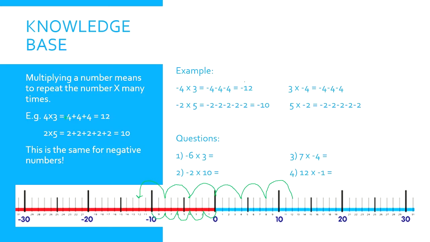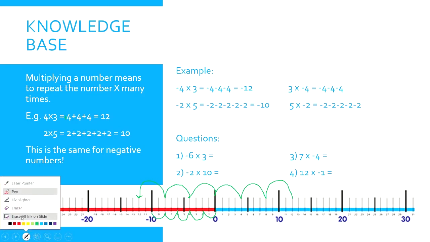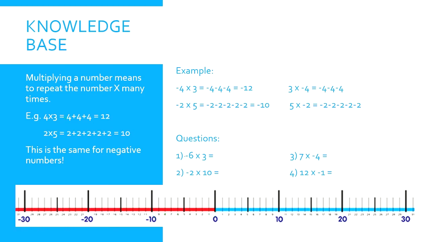Okay. So let's have a go at one practice question then. In this case, I've got negative 6 multiplied by 3. So that is the same as saying 0, minus 6, minus 6, and so on 3 times. So I'm going to go from 0 to my first negative 6.